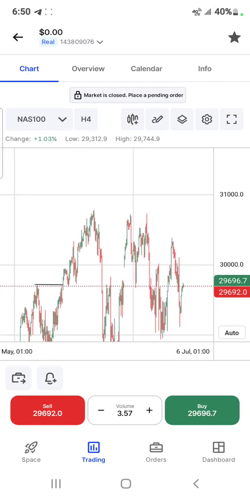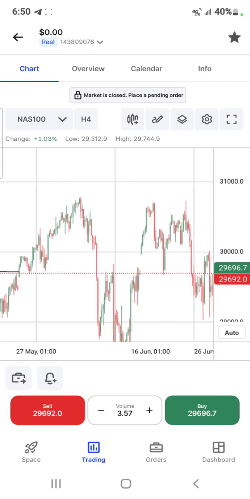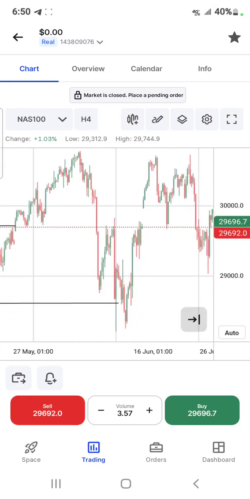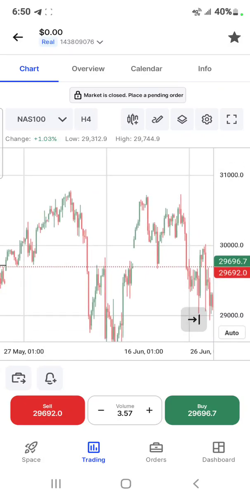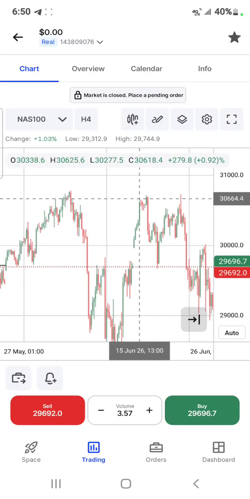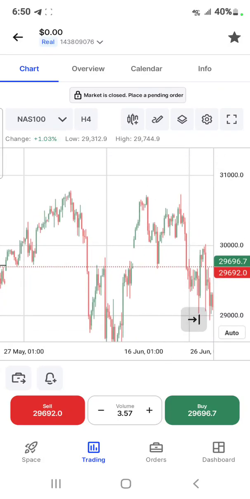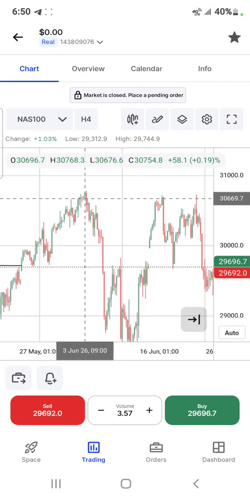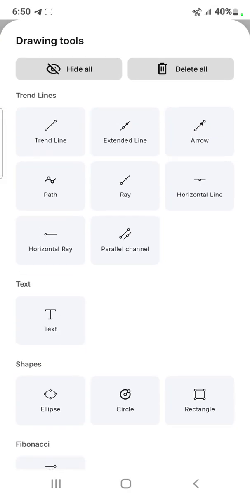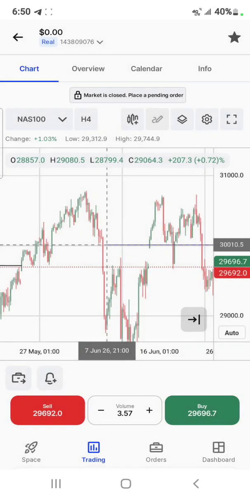On the 4-hour time frame, when price tapped into the supply zone, you can see this is our supply zone right here. The moment price tapped into the supply zone, let's mark out our supply zone.